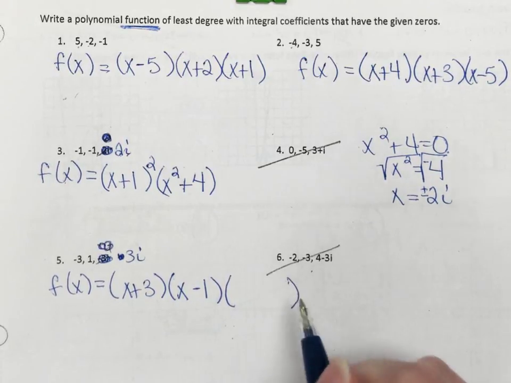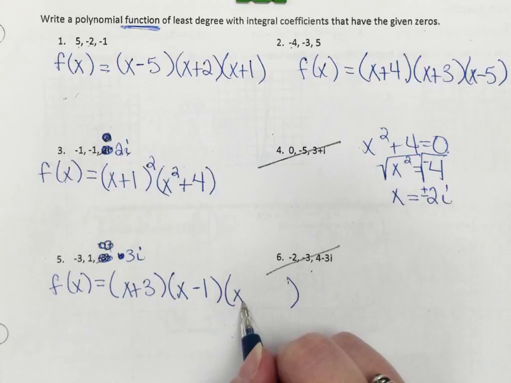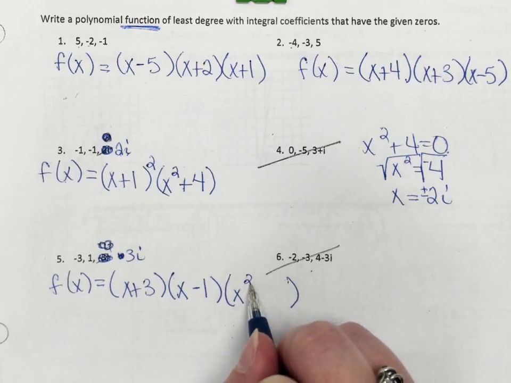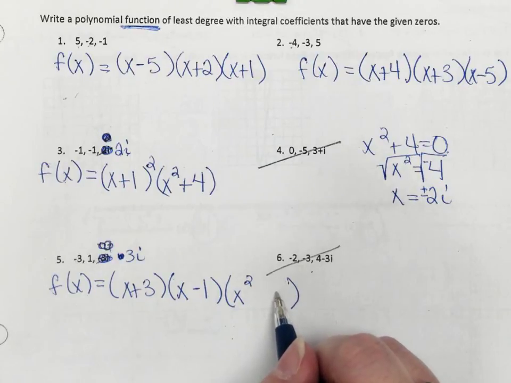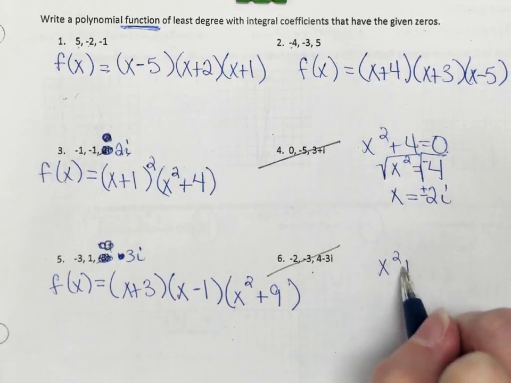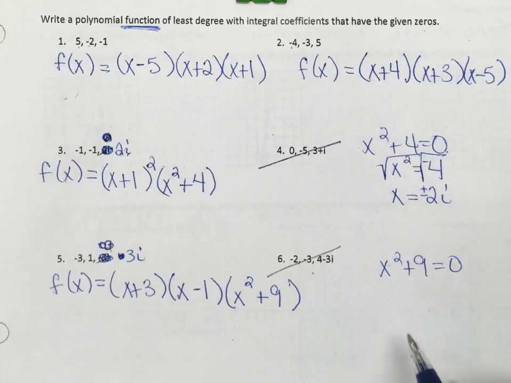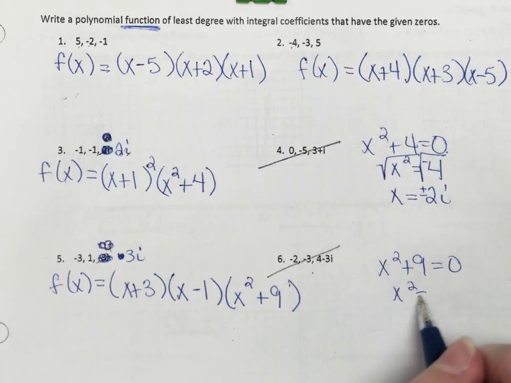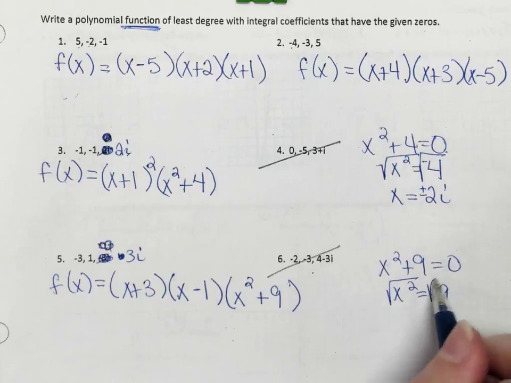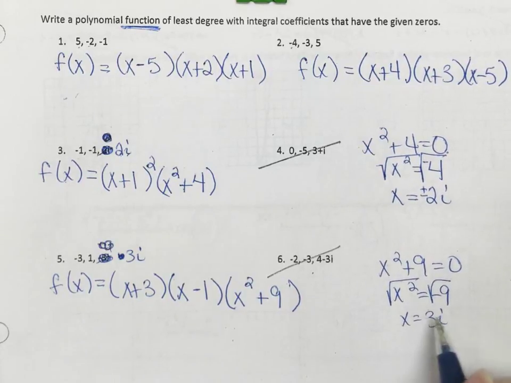All right, and how do I rewrite the 3i? X squared. Not minus 9. Plus 9. Very good. Check it, okay? You're like, oh, I don't know if that's right. Check it. Move the 9. You get negative 9. Square root the negative 9, and you get 3i.